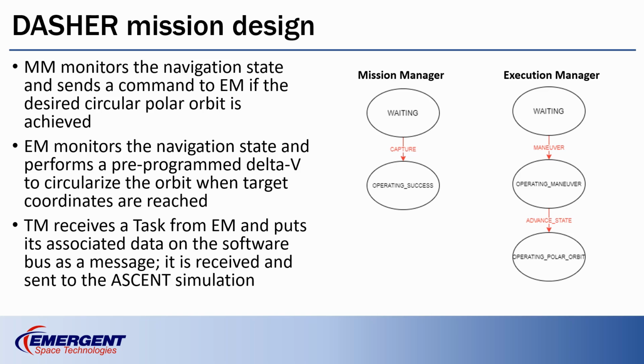Execution Manager monitors the same navigation telemetry, and if it detects that the vehicle has reached a target set of coordinates, it sends a command that's going to cause the vehicle to perform a delta V that circularizes the orbit. Timeline Manager is responsible for interfacing between Execution Manager and the Ascent simulation. Timeline Manager receives a task from Execution Manager and actually forwards a maneuver to the Ascent simulation, which has no direct a priori knowledge of the type of maneuver or its magnitude.